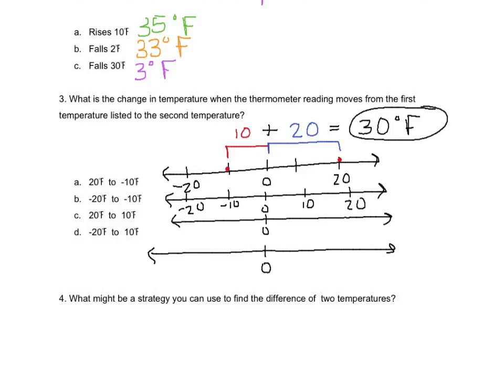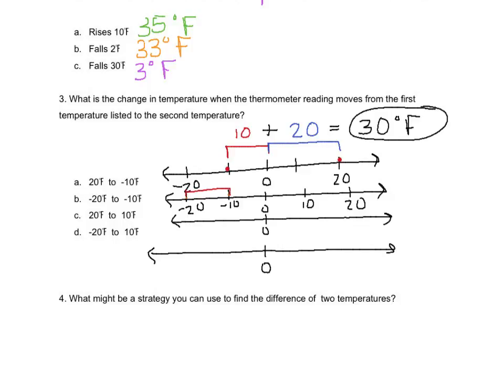This one I'm going from -20 to -10. So I'm going to put my 2 dots at -20 and -10. And I need the distance between them. So distance, we always talk about it being a positive number.